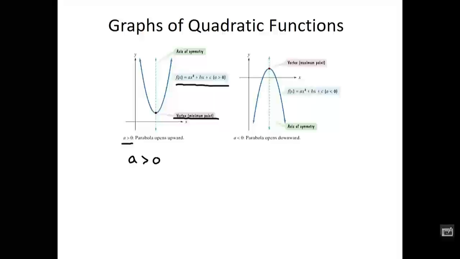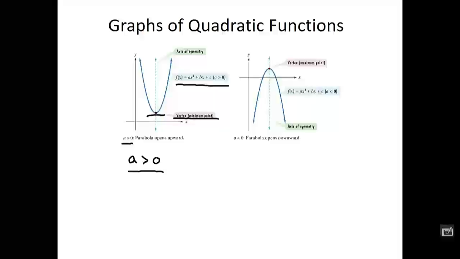Another important characteristic is the equation of the axis of symmetry. The axis of symmetry is the line through the x-coordinate of the vertex. So if a is greater than 0, the parabola opens upward.